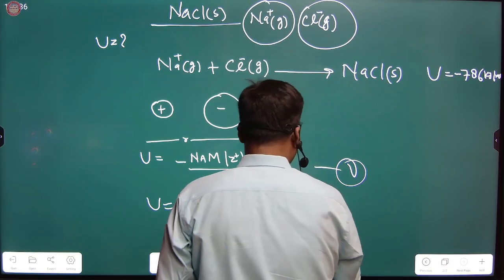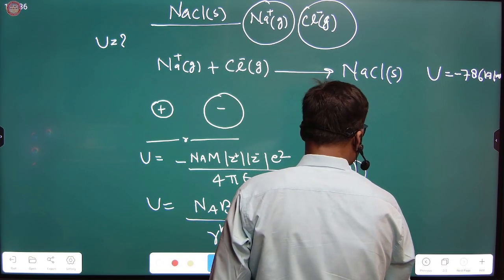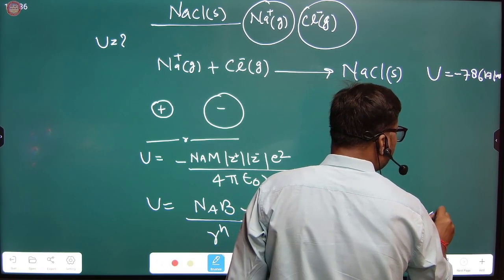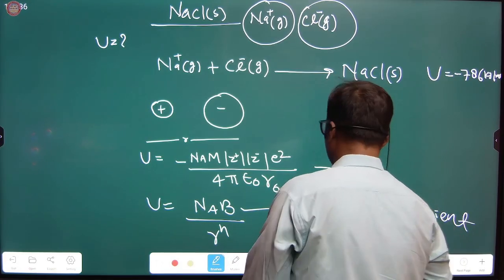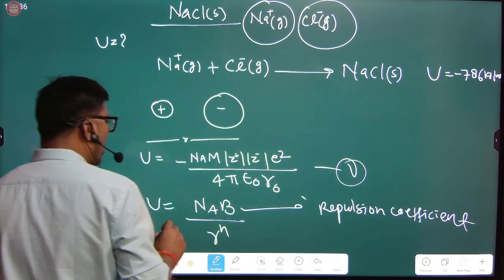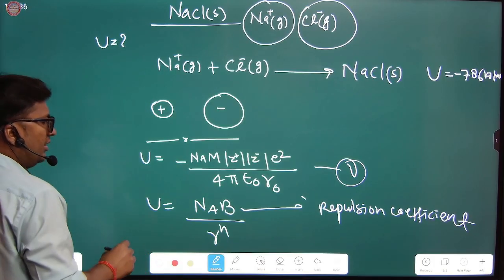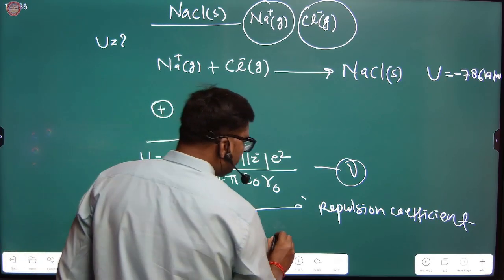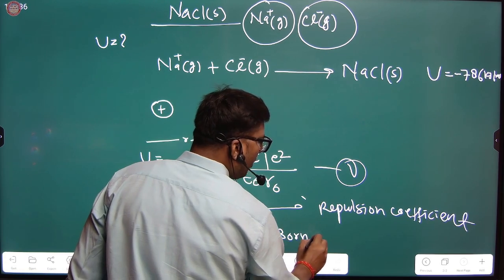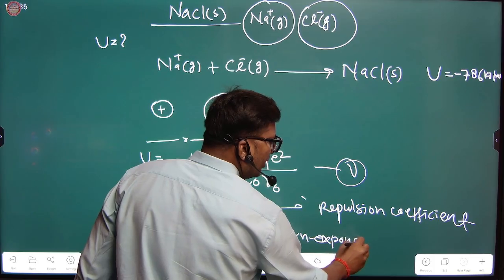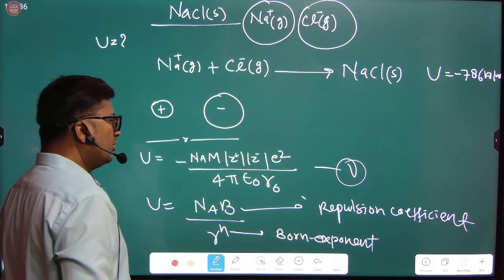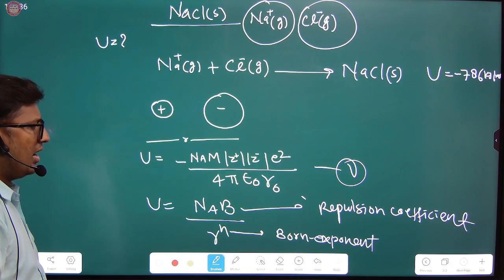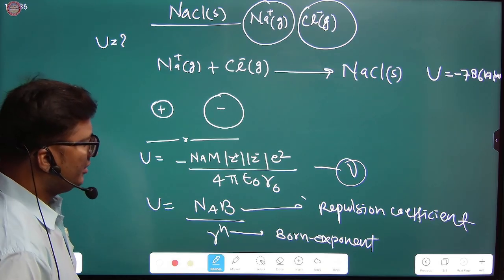B is called the repulsion coefficient, right? And N_A is the Avogadro's number, and here n is called the Born exponent, whose value depends on the electronic structure of the ions in a solid state, right?